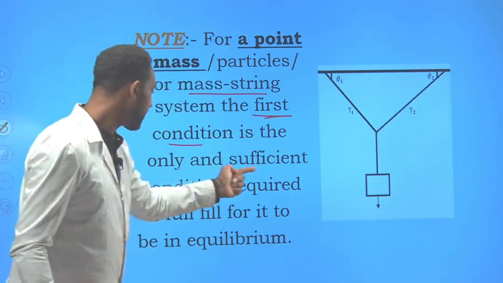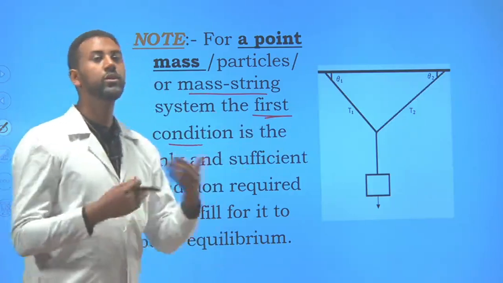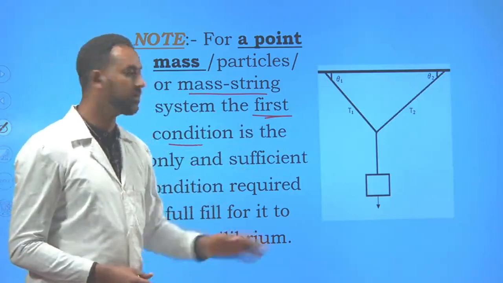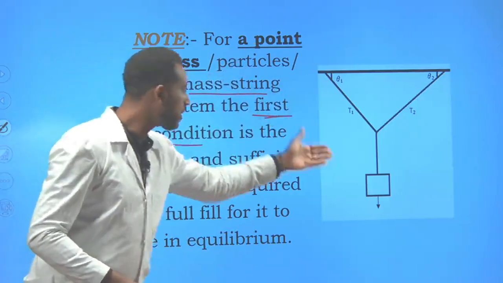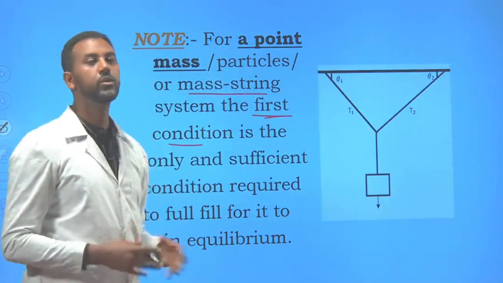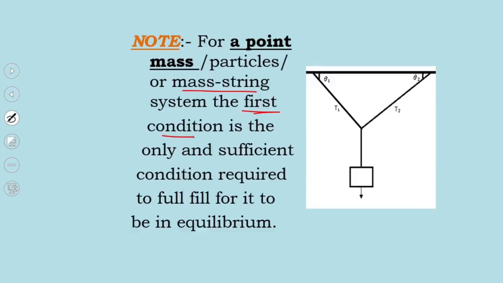You don't need to use the second condition, the rotational condition, for a point mass, a particle system or a mass string system.